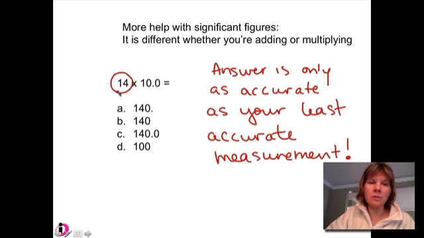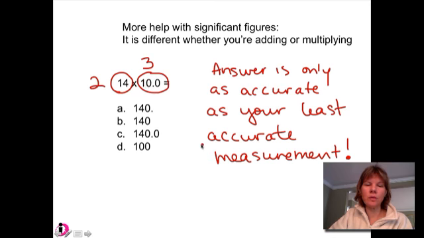Here we see a number that has 2 significant figures, and this is a number that has 3 significant figures. When you write 10.0, that means that your scale was accurate to 0.1 of a gram if this was measuring 10 grams.